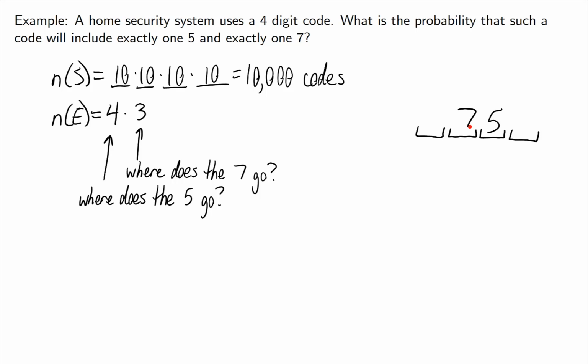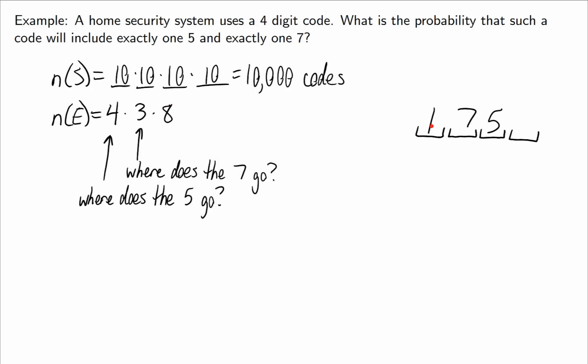How many choices do I have for the digits remaining in here? If you said 10, you're a little off, because I cannot use 7 or 5 again. So I actually have 8 choices. 8 being all the numbers besides 7 and 5. So I could pick any number I want. How about 1?